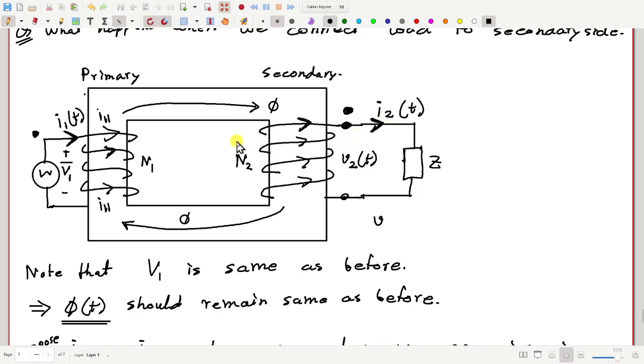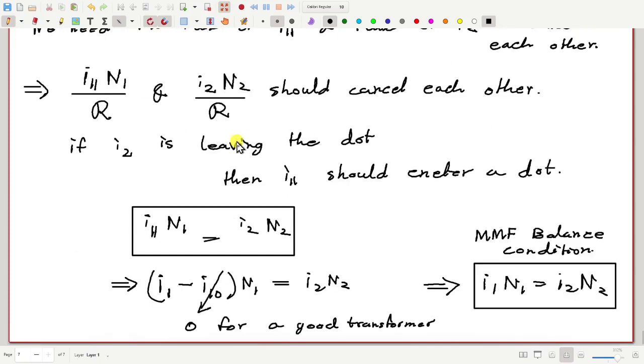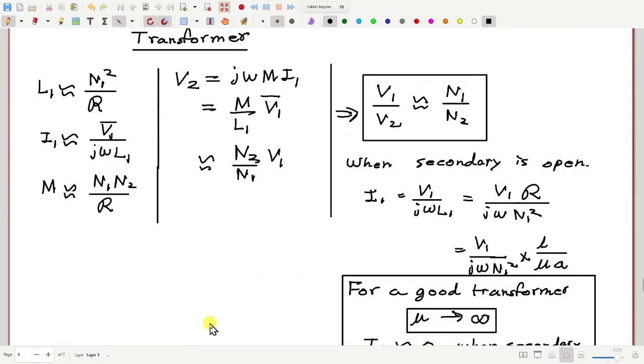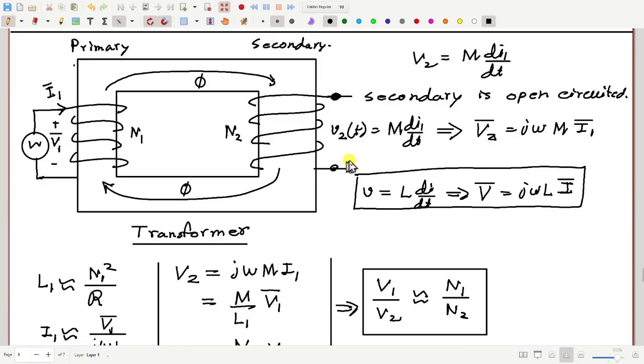Yes, sir. In the last equation, we do not know I10, how much it is with respect to I1. So should we cancel that? That's what we said, that for a good transformer, I10 should be equal to 0. Why? Because how much is I1 when the secondary is open?